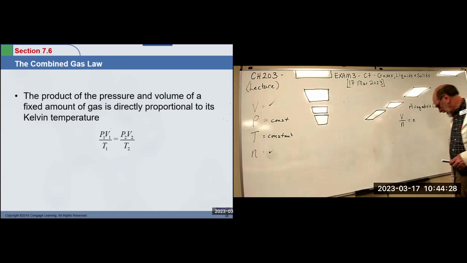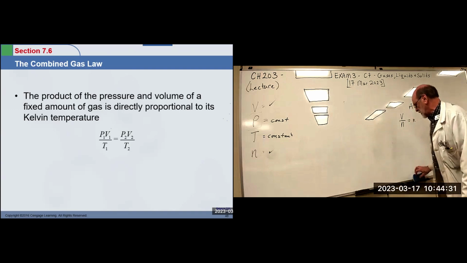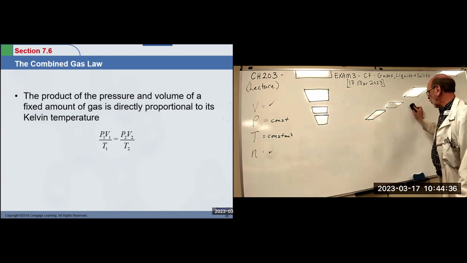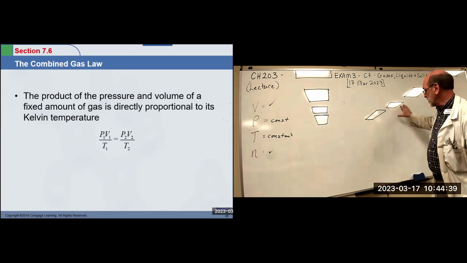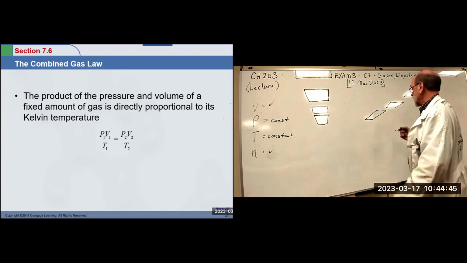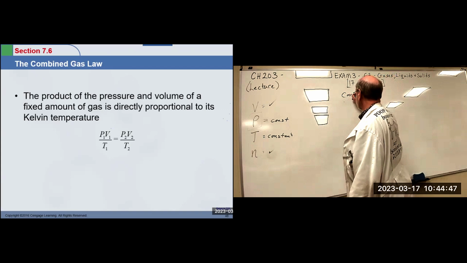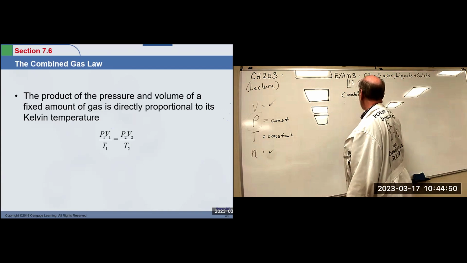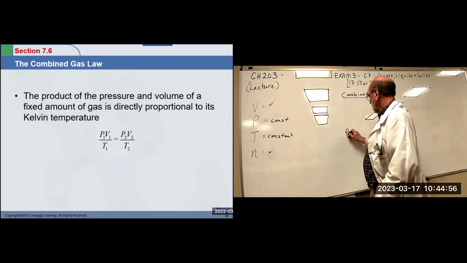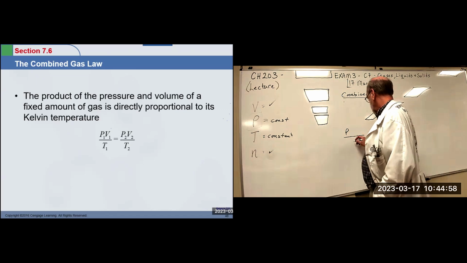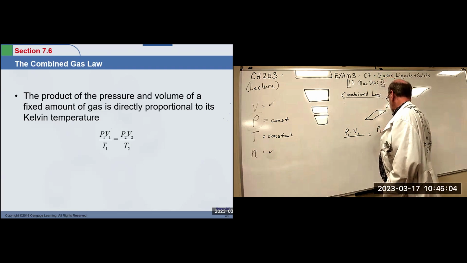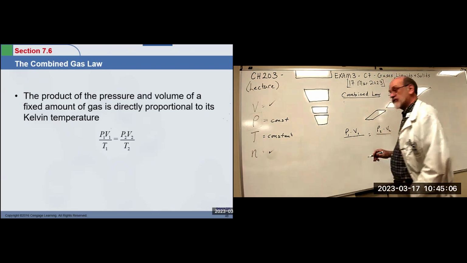Okay. So now that we have that one, we can move to the combined law. And these are all before and after conditions. In other words, I can say V1 over N1 equals V2 over N2 also. But the combined gas law is going to look something like this. If we have P1 V1 times one another, is equal to P2 V2, that's true.